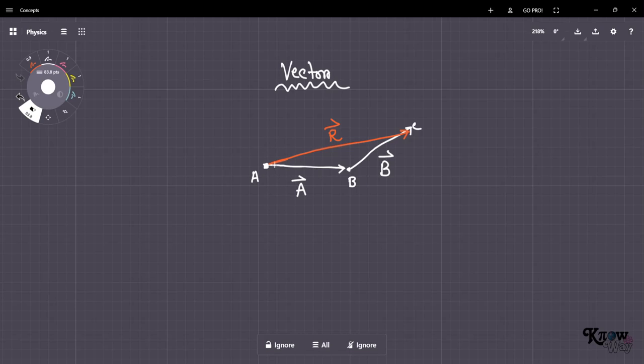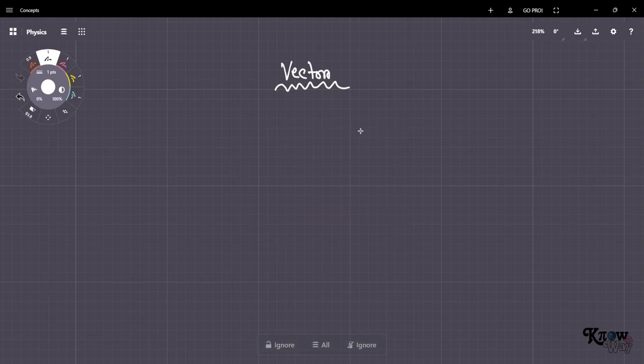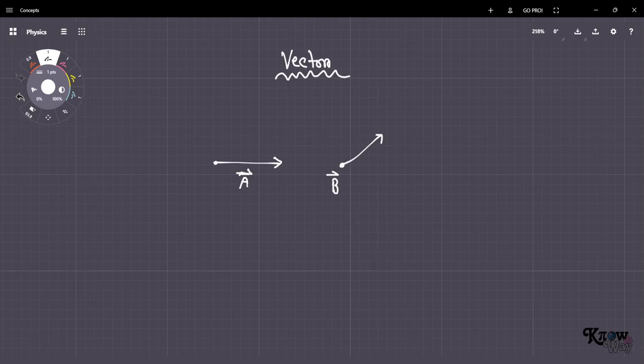So let's say the figure was not like this at all. Let's say I had an A vector which was scattered around here. And we also have a B which is, let's say, scattered around here. My question to you is to determine what is the displacement if A is a distance and B is also a distance.